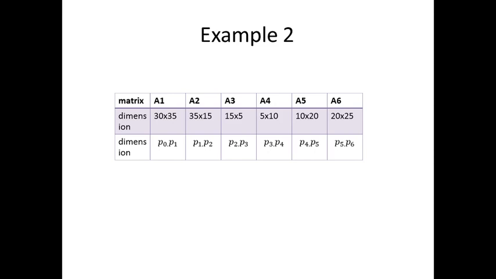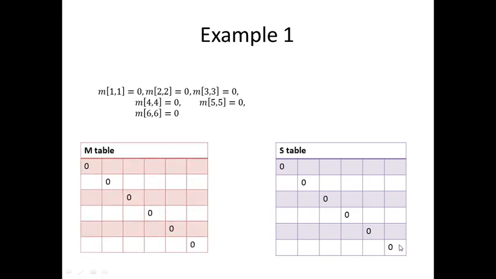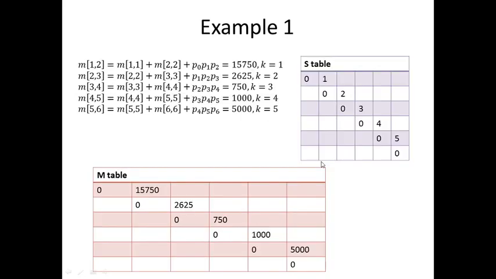And the second example is from the common textbook. It's a bigger table, bigger dimensions, with a large number of matrices, that is A1, A2, A3, A4, A5 and A6. Here also we have done the same manner. The S table is created and the M table is also created. The diagonal entries are 0, and here you can see M12, M23, M34, M45, M56.